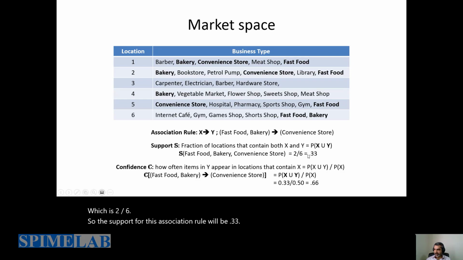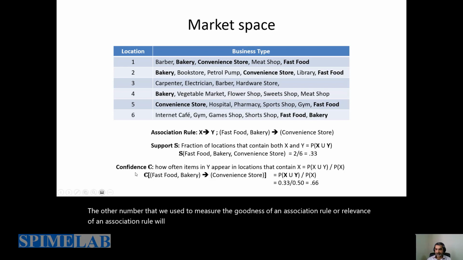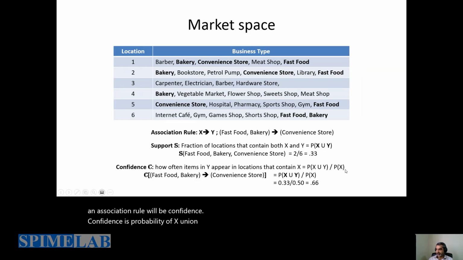The other number that we use to measure the goodness of an association rule is confidence. Confidence is probability of X union Y divided by probability of X. X union Y is the probability we just calculated, 0.33. Probability of X will be 0.5.